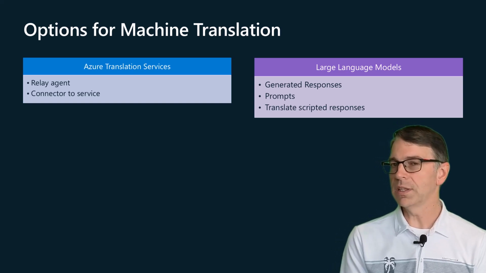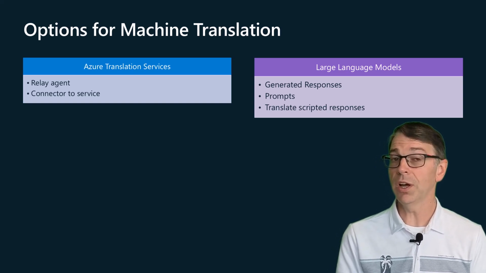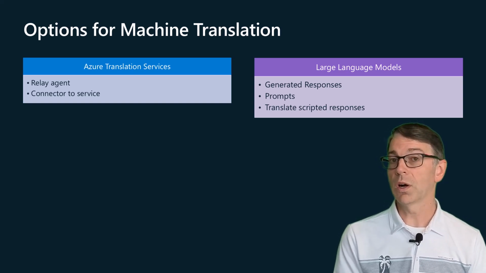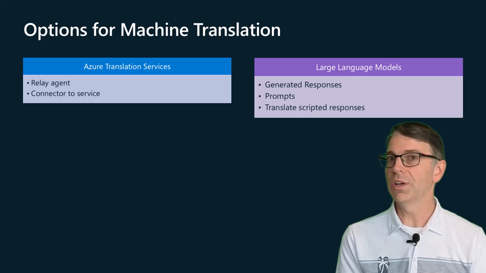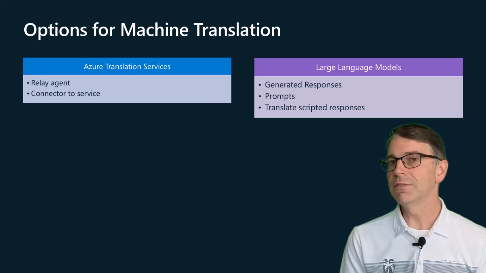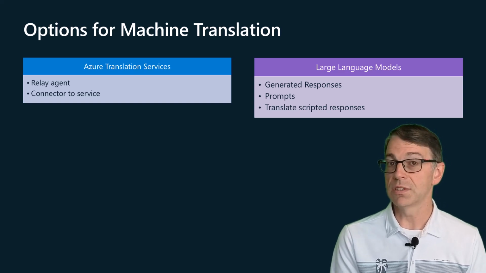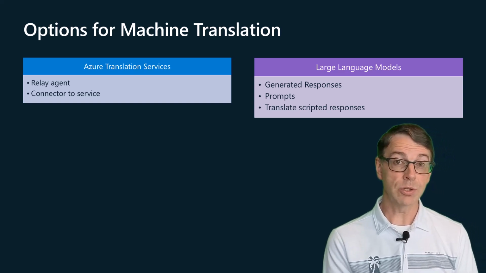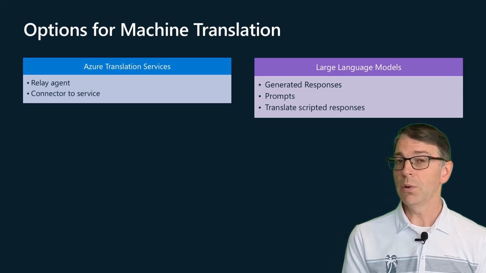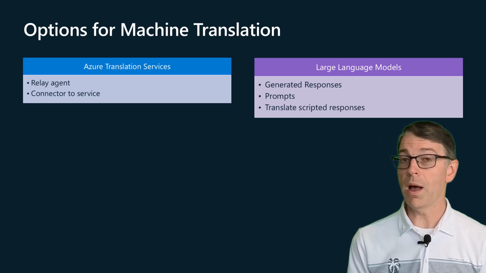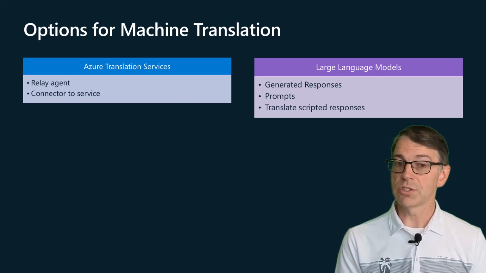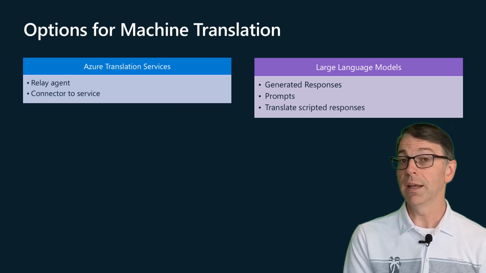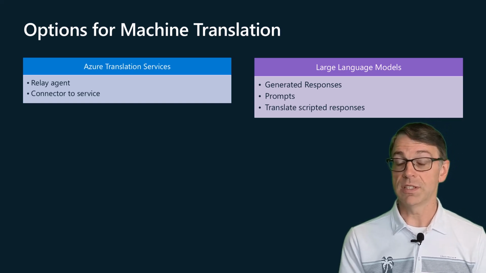One thing to note is Azure Translation Services is really good because it gives you the ability to say, here are common words that maybe are in your own custom dictionary. So there's a lot of value in Azure Translation Services, so definitely take a look at that. And if you have a lot of custom language that you're using, you would otherwise have to do that in a prompt whenever you go to machine translation, but Azure Translation Services gives you an interface to do that natively within its service itself.